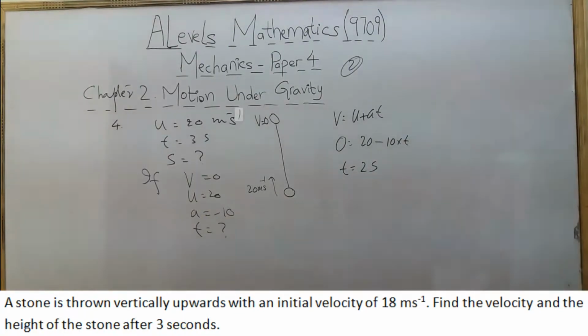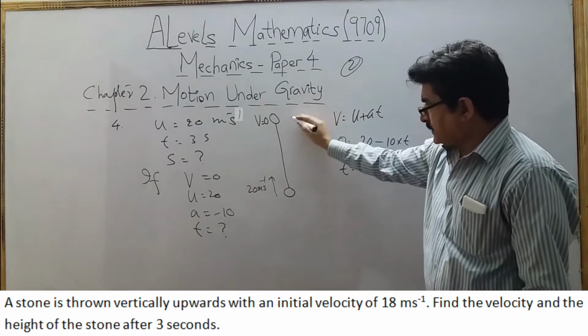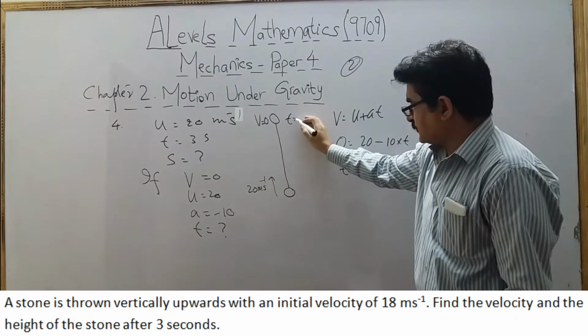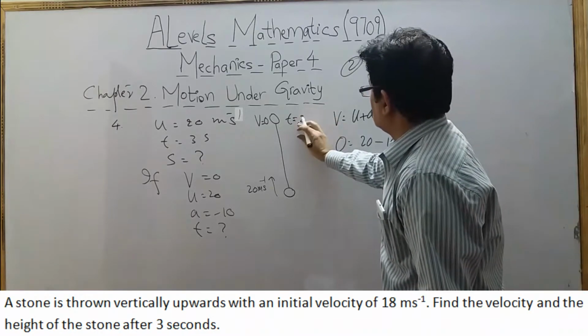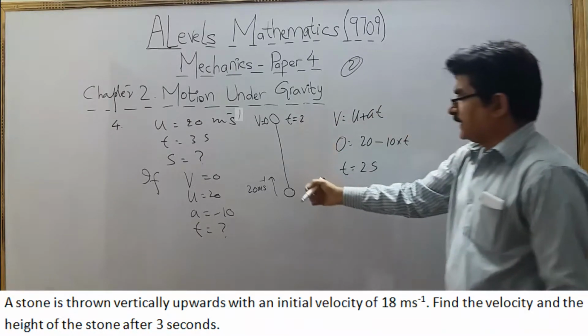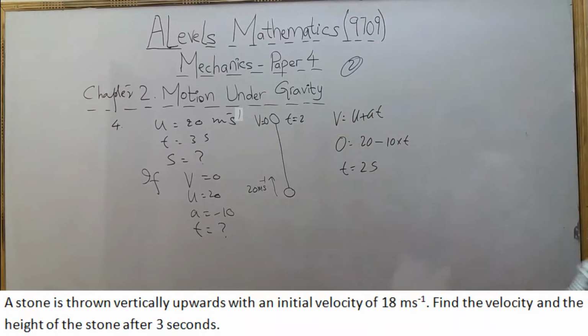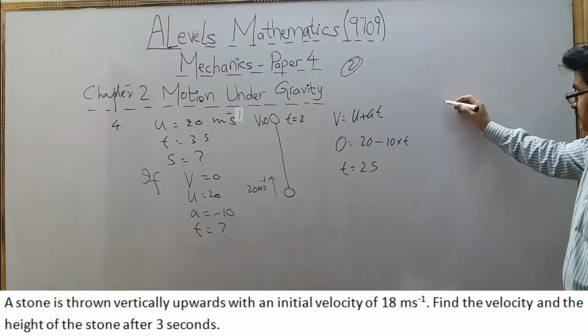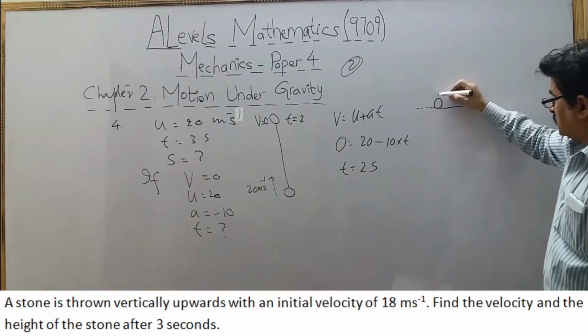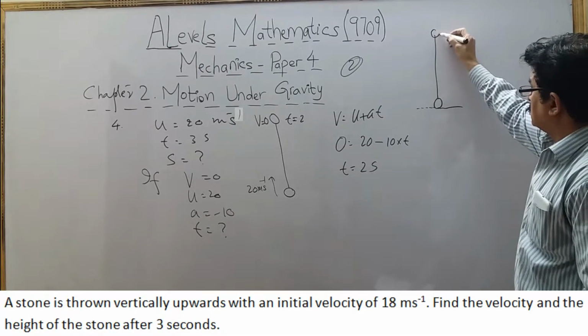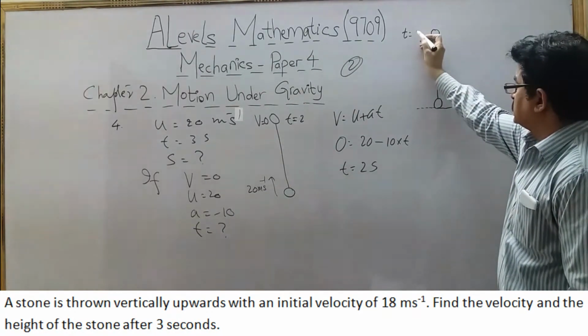So it means that the particle will reach the highest point in 2 seconds. Time is equal to 2, and we are asked to find the velocity and height after 3 seconds. So what does this mean? It means that if say this is the starting point, the particle is here when t is equal to 2 seconds.